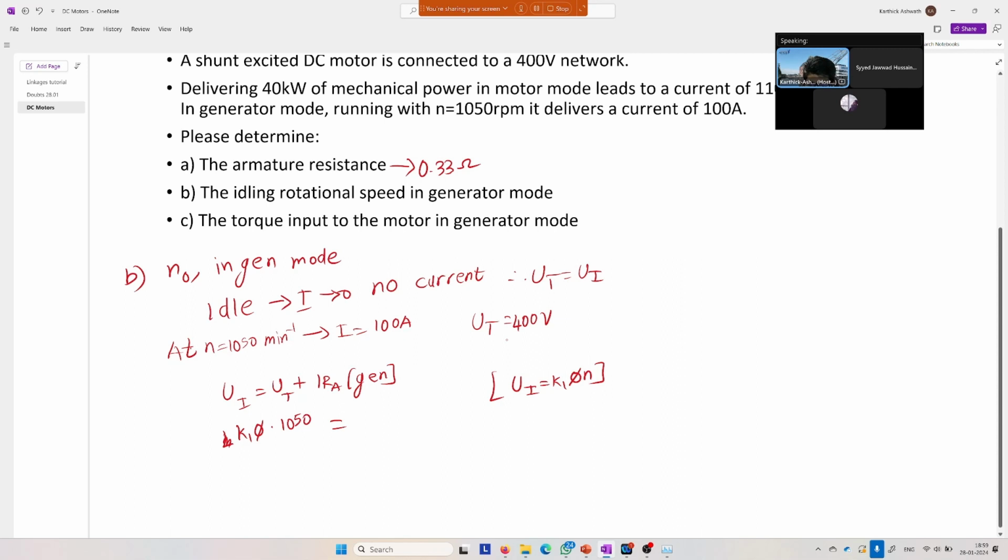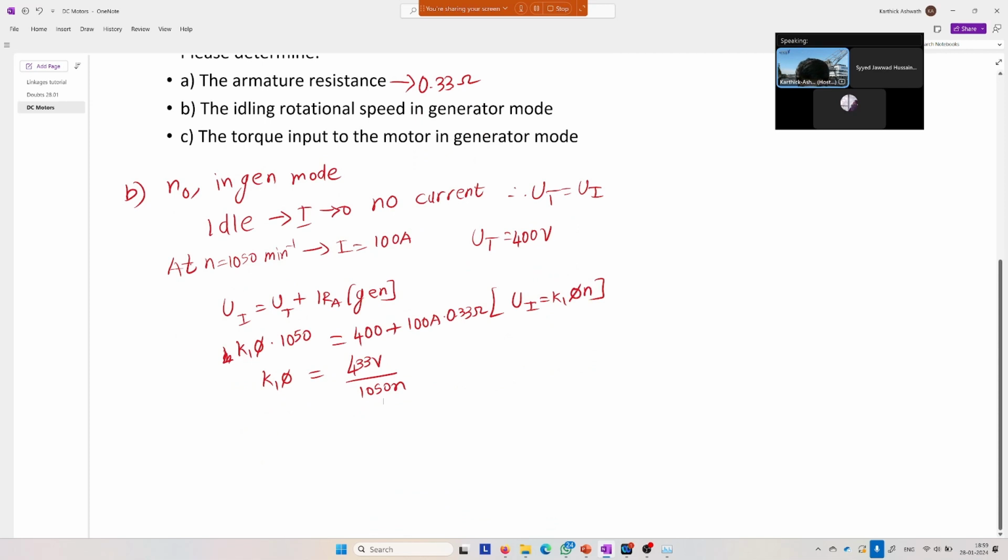So K1 phi times 1050 equals UT 400 plus I RA, which is 100 amps multiplied by 0.33 ohms. So K1 phi equals 433 volts divided by 1050 rpm. This gives you K1 phi.